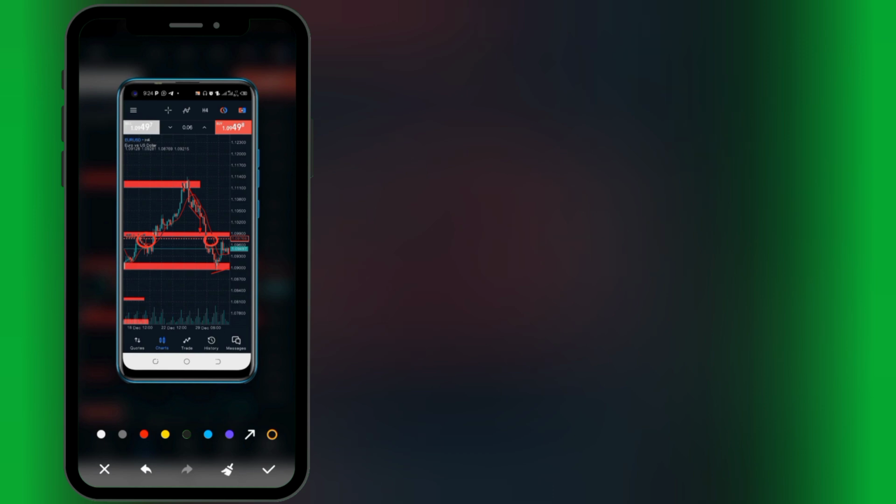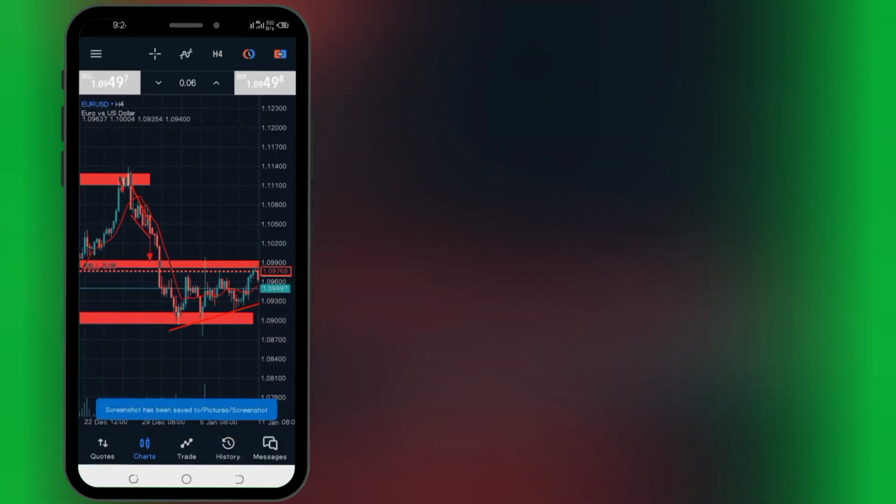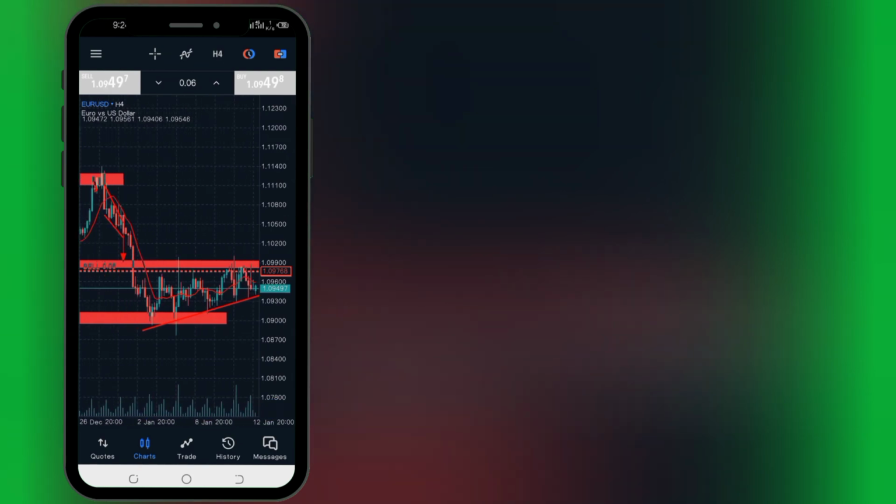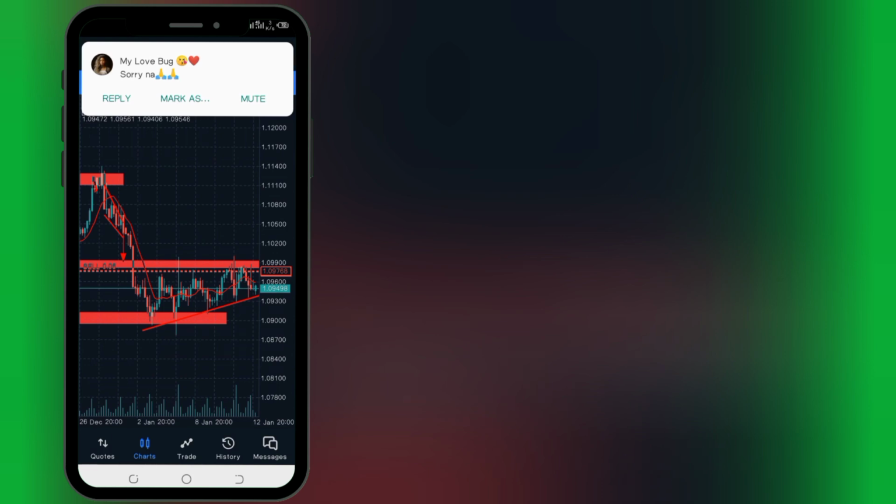When I saw this huge candle, I went short on this market, sharp. I didn't waste time, and I exited my trade around here.